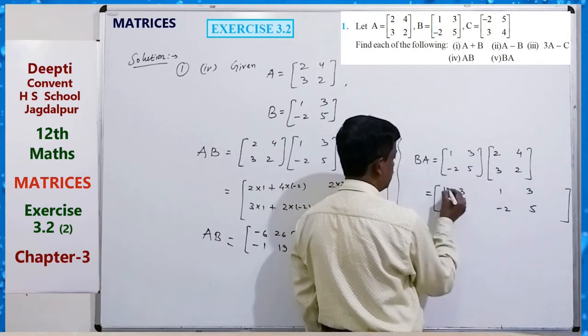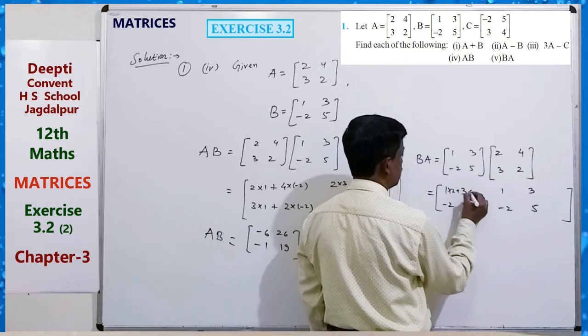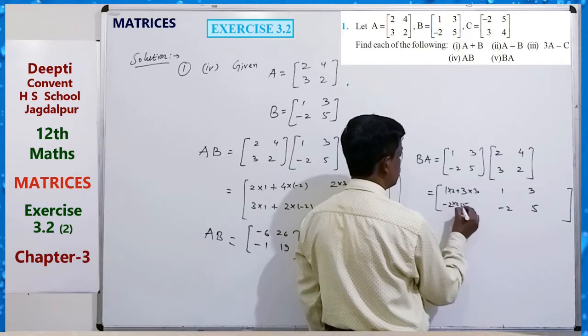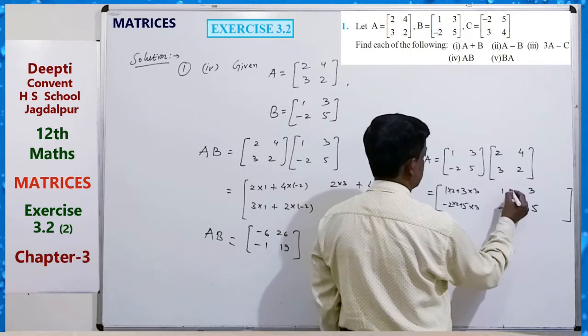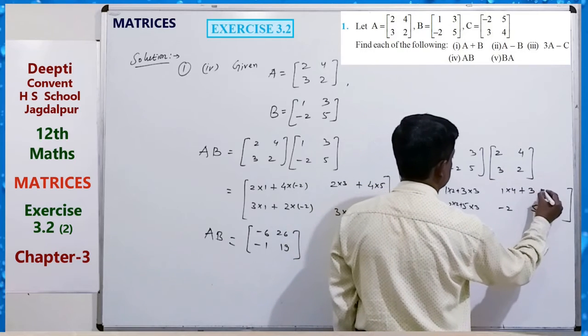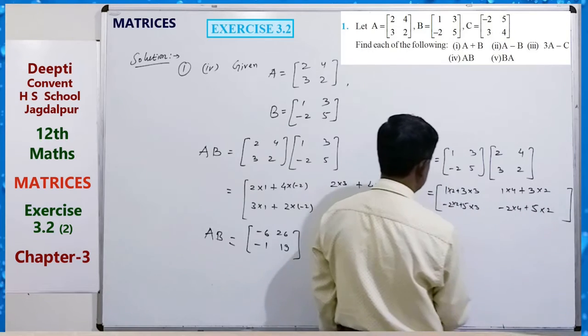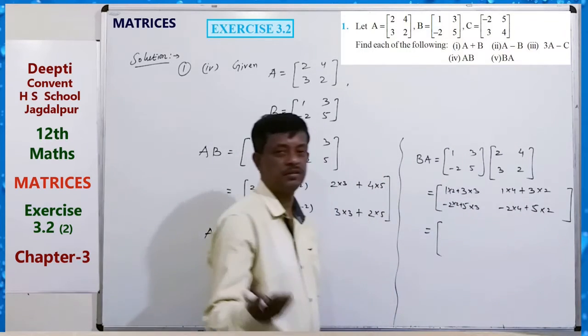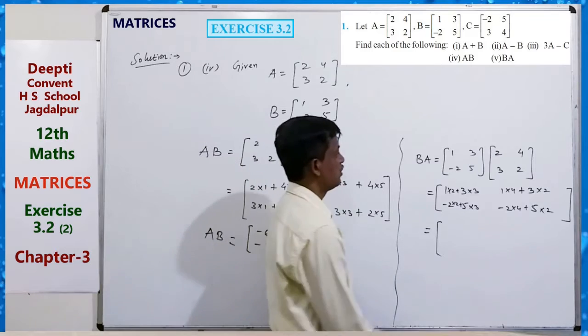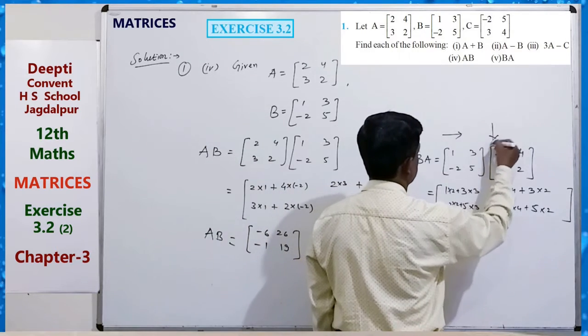Row by column: 1 into 2 plus 3 into 3, 1 into 4 plus 3 into 2, and so on. This is the process, row by column, row by column.